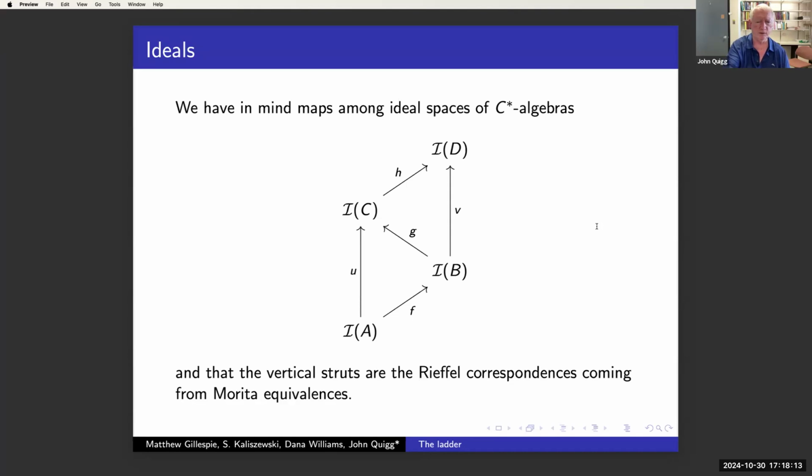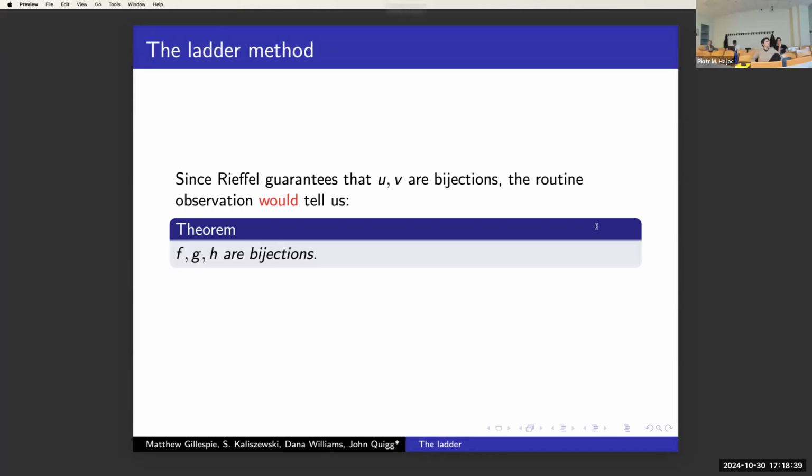So imagine that A and C are Morita equivalent C-star algebras, and then the Rieffel correspondence gives a natural bijection between the ideal spaces of A and C. Similarly, B and D are Morita equivalent, so V is a bijection, the Rieffel correspondence between the ideal spaces. Once we know the Morita equivalences, the routine observation tells us that F, G, and H are all bijections.